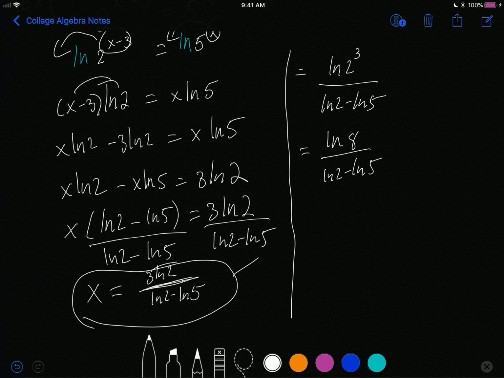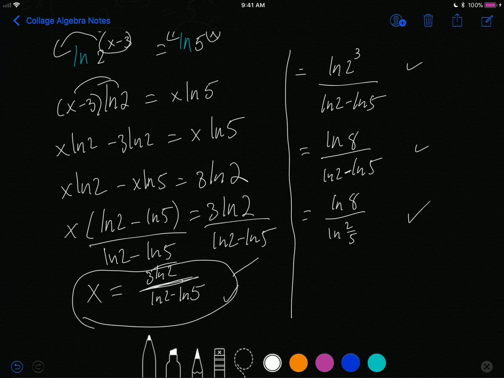Now if I focus on the denominator, I notice I have a minus sign. Well, a minus sign means to divide. And so I can also write this as ln 8 divided by ln of 2 divided by 5. Oh my goodness, right? That's like 1, 2, 3, 4 different ways of writing this answer. But wait, there's more. I could use the change of base formula.